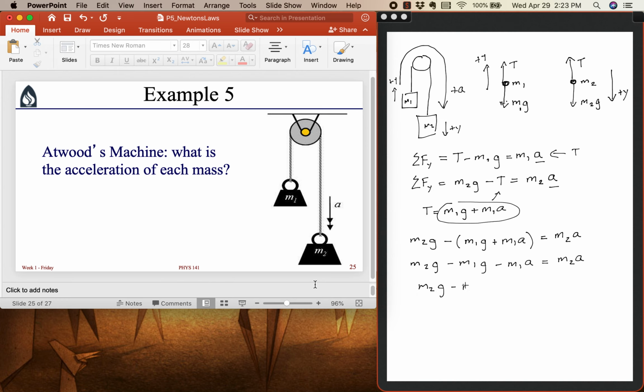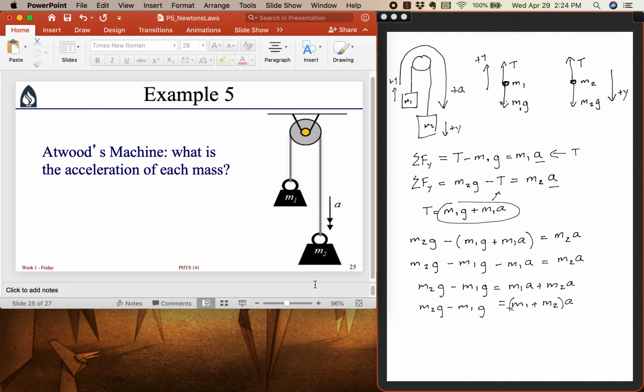M2g minus M1g is equal to M1a plus M2a. Then, since I'm going for acceleration, I'll factor it out of both of these two terms. M1 plus M2 times A is equal to M2g minus M1g.